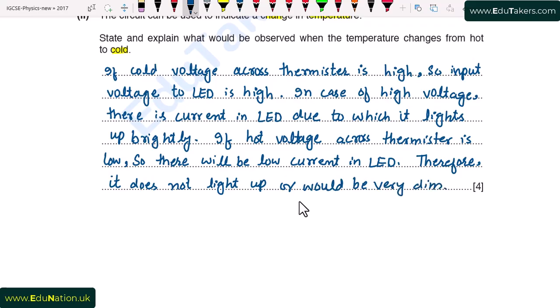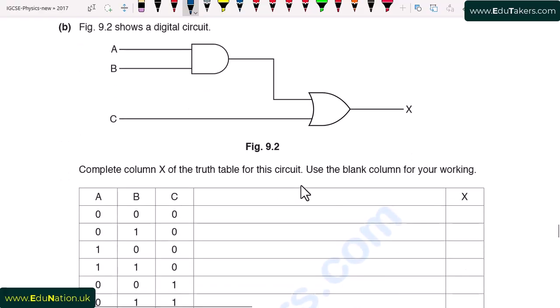Going towards the next part. Part B. Figure 9.2 shows a digital circuit. Here is figure 9.2 and we can see that there are three inputs A, B and C. The inputs A and B are combined by the AND gate, and here is the output of the AND gate.